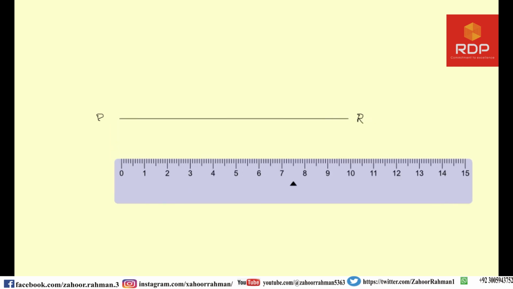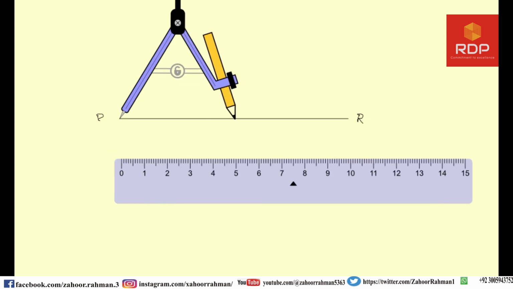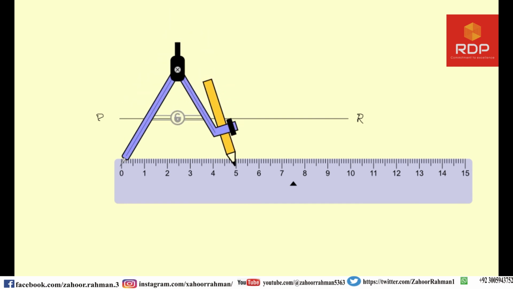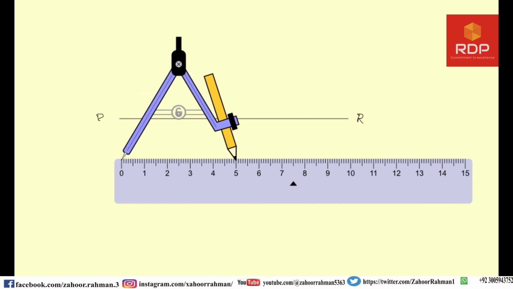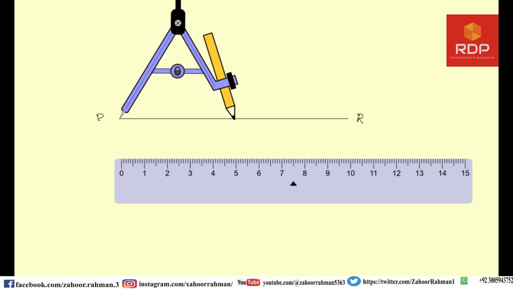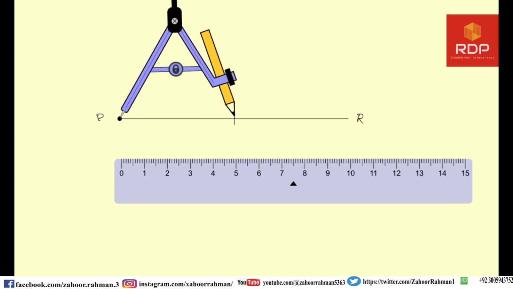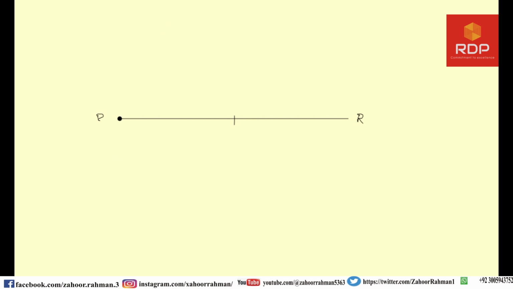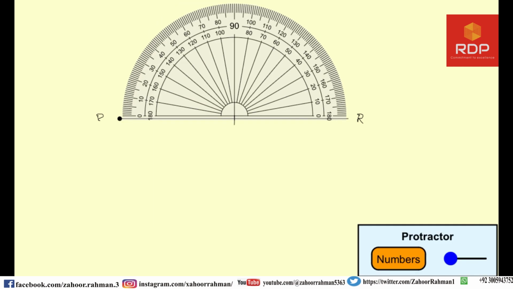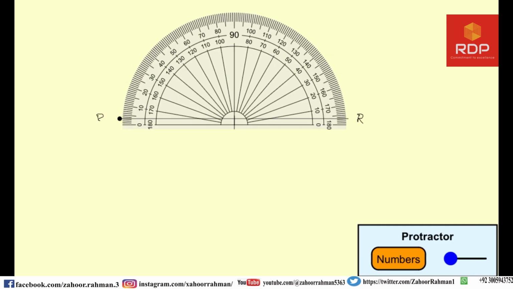If it is not, then we have to draw an arc of 5 centimeter here. Lock it, and then 5 centimeter here, and let us make a 90-degree because it is a perpendicular bisector.